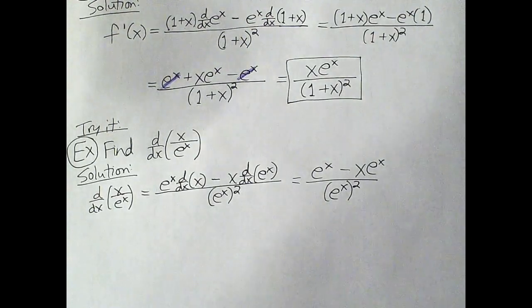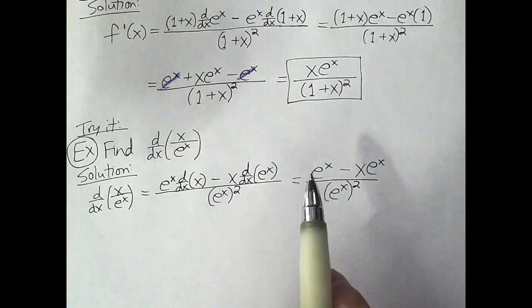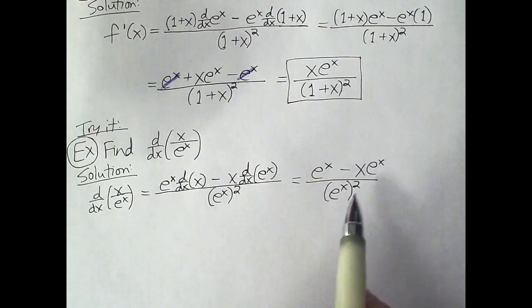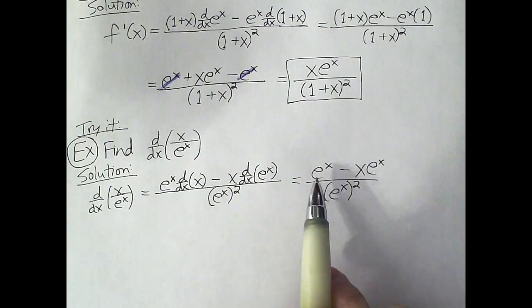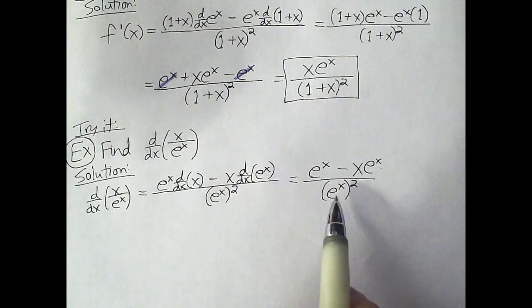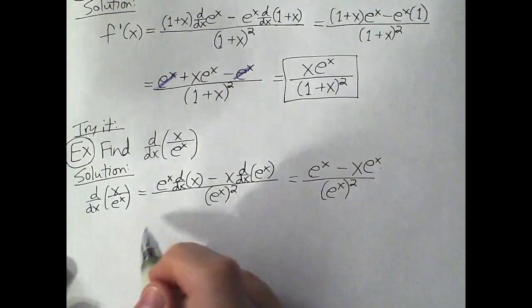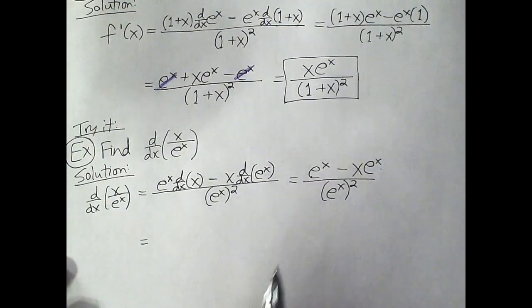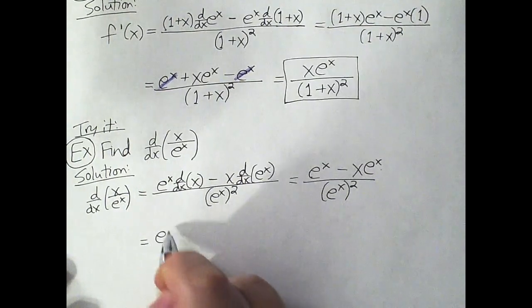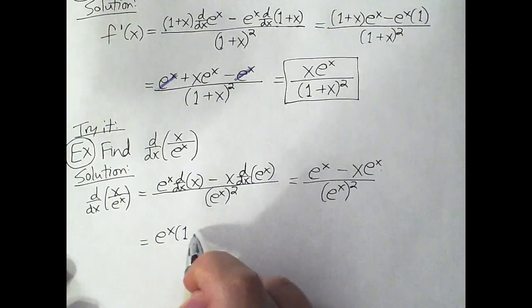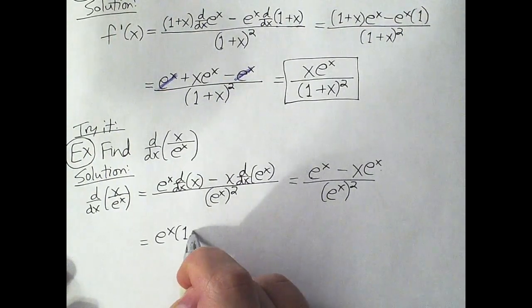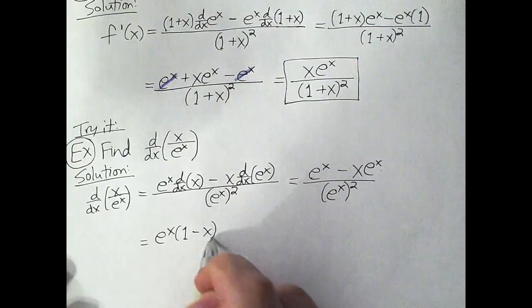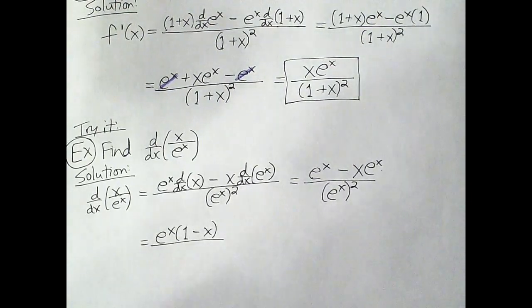We could simplify further because I notice that every piece of this problem has e to the x. There's one there, there's one there, there's 2 on the bottom. So think of it this way. Up top, what would happen if you factored out e to the x? You get that, right?